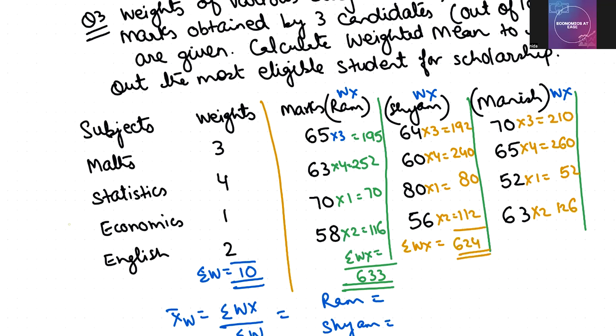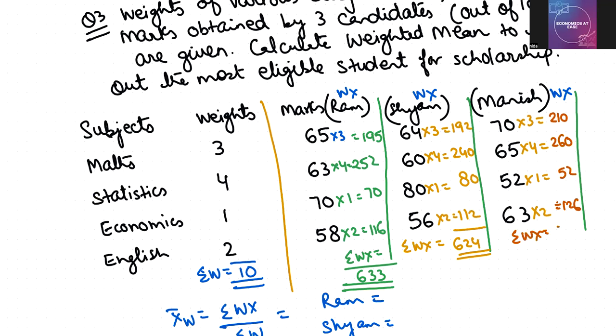And this is, मैं इसको थोड़ा सा कलर चेंज कर देती हूँ. It would be easy for you to recognize. Just wait. कितना था इसका? 210, 260, 52, and it would be 126. So summation wx would be here.